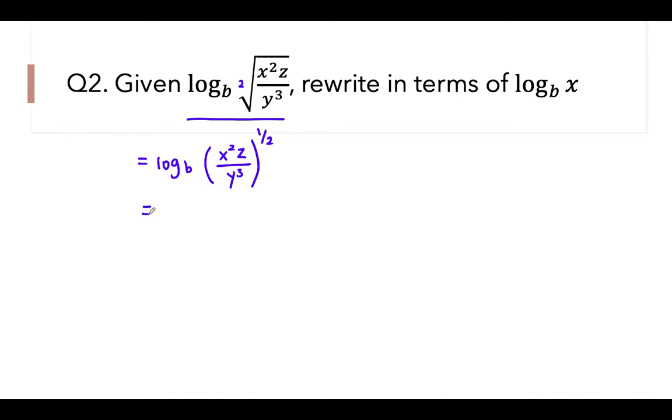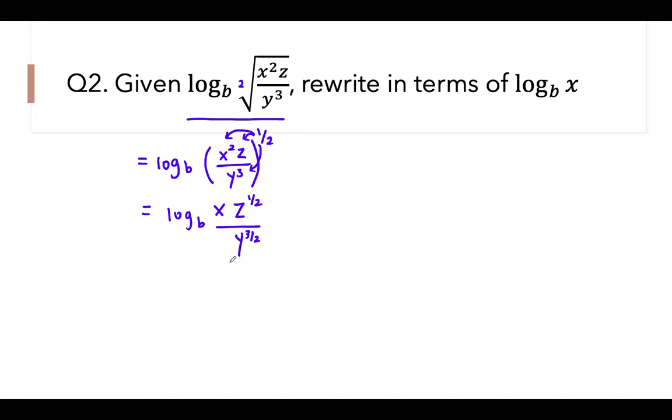And then I can distribute the power to each exponent. So x becomes x to the one half, z to the one half, over y to the 3 over 2.